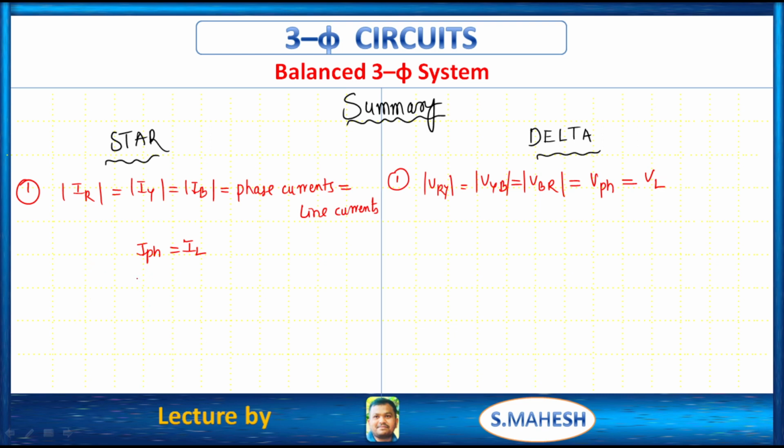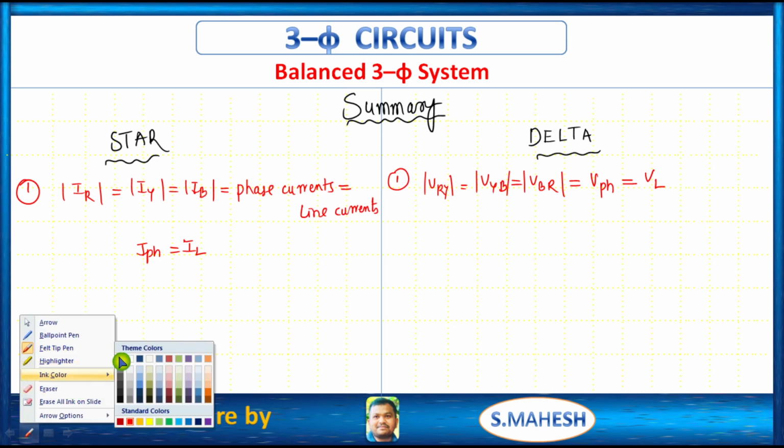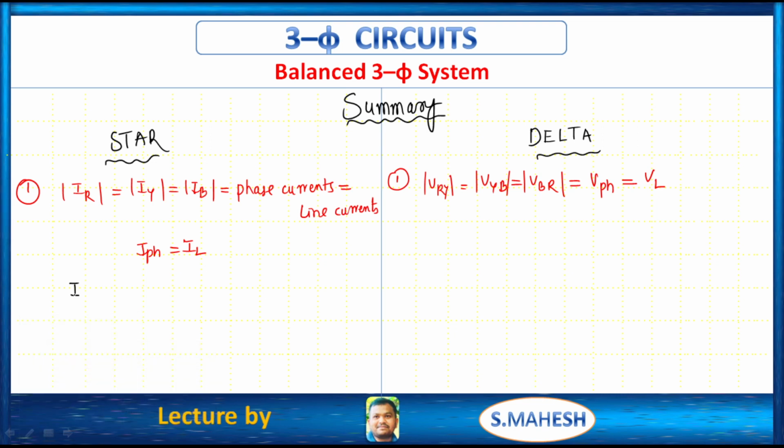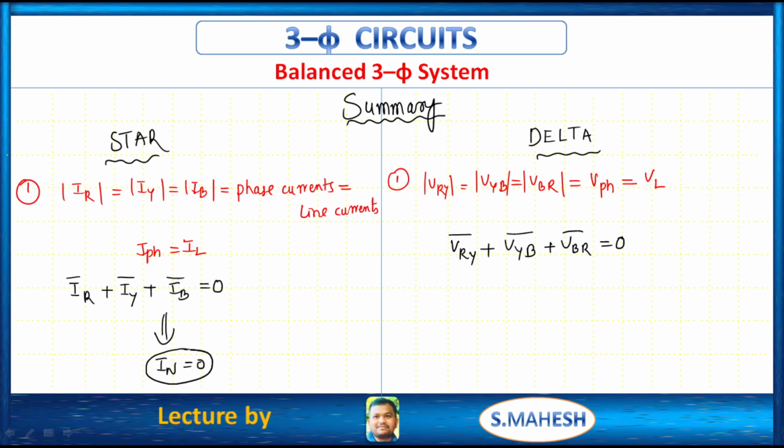Therefore, the summation of these currents IR plus IY plus IB is equal to 0. Like that, in this case, VRY plus VYB plus VBR is equal to 0. That's why IN should be equal to 0. This is a very important observation.